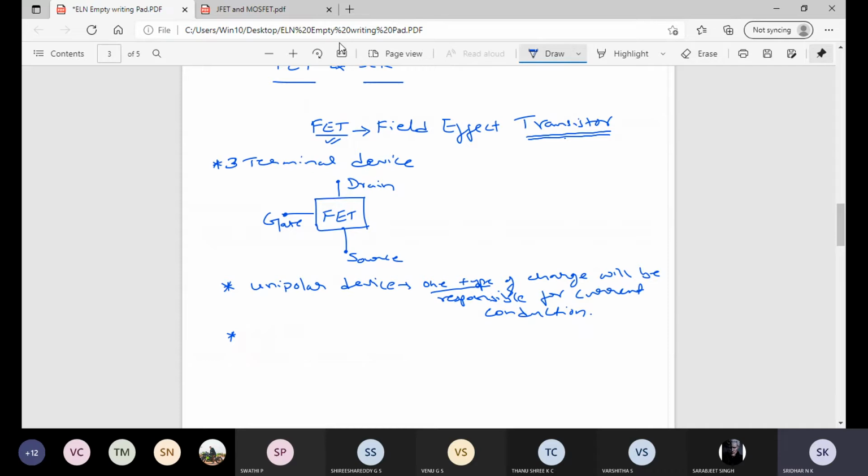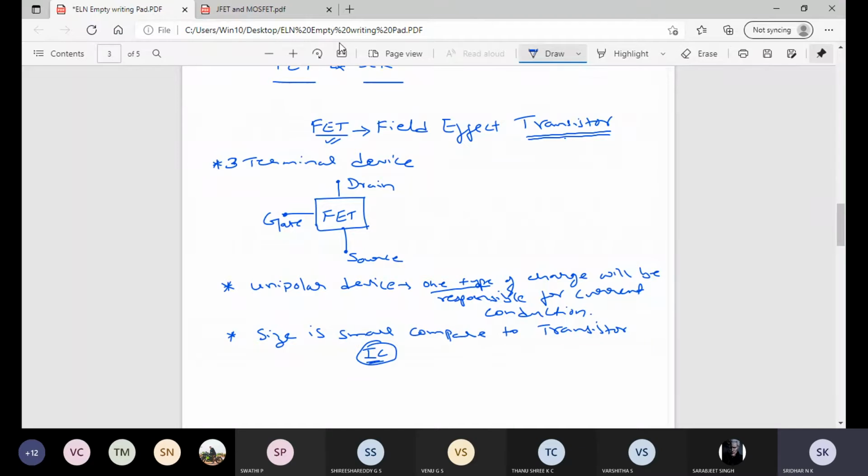That's why it is widely used in IC technologies, because the size is small. In integrated circuits, these FETs are used.